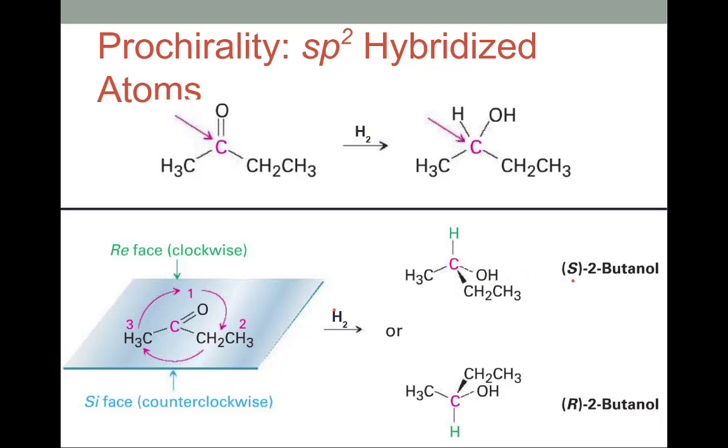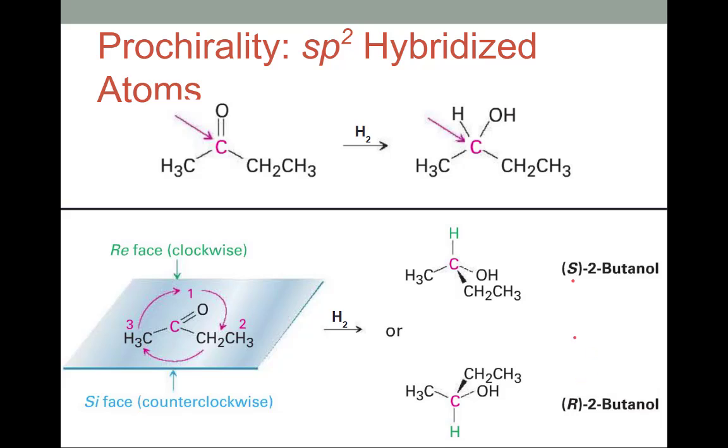In this case, we're adding a hydrogen. That's the lowest ranking group. And so that gives us this result. If we were doing some other reaction that added something different, our rankings on this product molecule would maybe be different. And so the S or the R might be different.